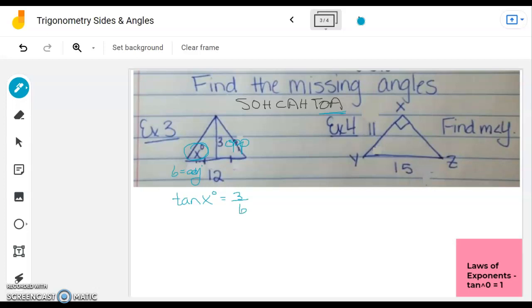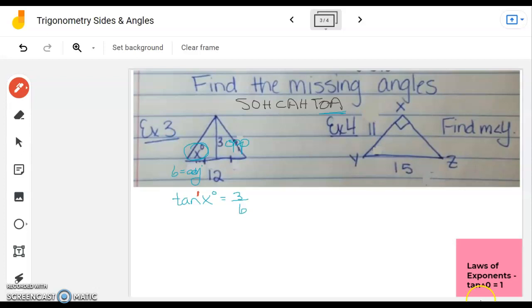All right, so the tangent and the x, they're connected. So I have to do the opposite function of tangent. This is where the laws of exponents are going to come in again and play a role. This tangent of x is really tangent to the first power. We don't always write it because it's to the first power. Now, in order for it to go away, I need tangent to the 0th power.